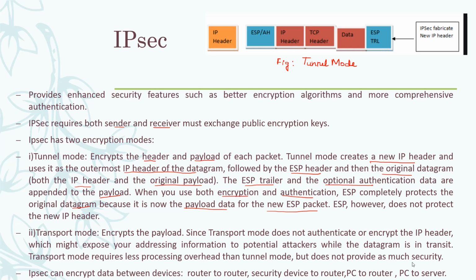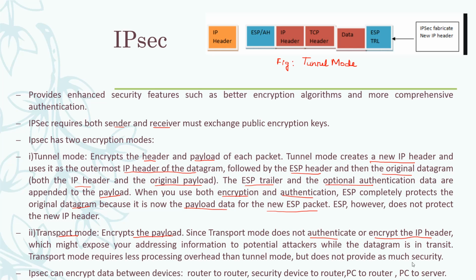We have one more mode, that is the transport mode. It encrypts only the payload. Since transport mode does not authenticate or encrypt the IP header, it does encryption only for the payload. So it might expose the addressing information to potential attackers, because the header is not encrypted.